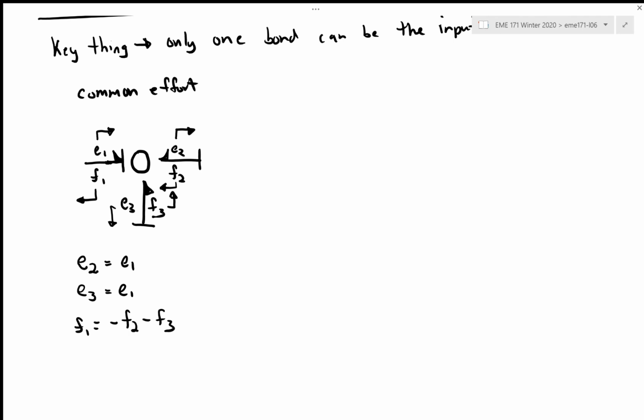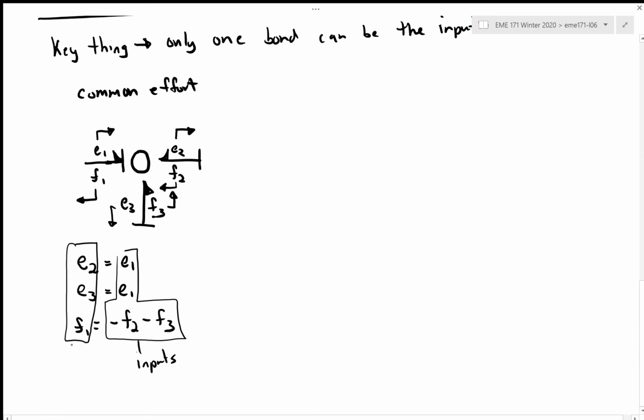The causal strokes, though, are what set all of these pieces to be the inputs. And then we have written the 3 outputs there. The key thing: only one bond effort can be the input to a common effort junction.